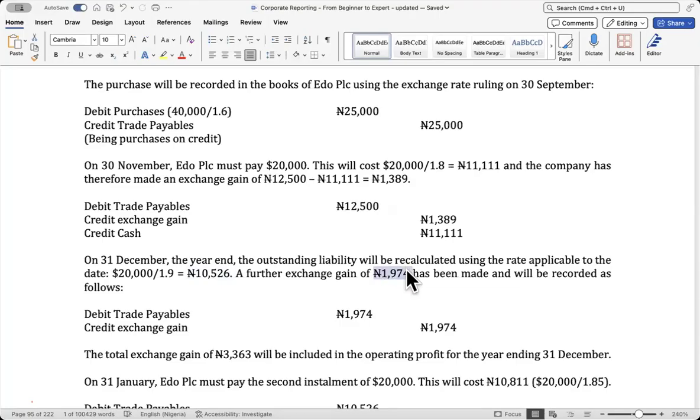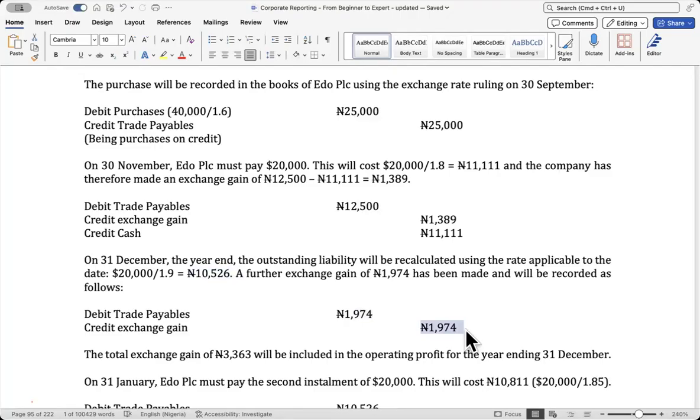1,974. So all you just need to do is to update our payables from this 12,500 to this balance at the end by debiting the payables by that gain. When you debit it with that gain, it will bring it down from 12,500 to 10,526, and you credit your exchange gain.